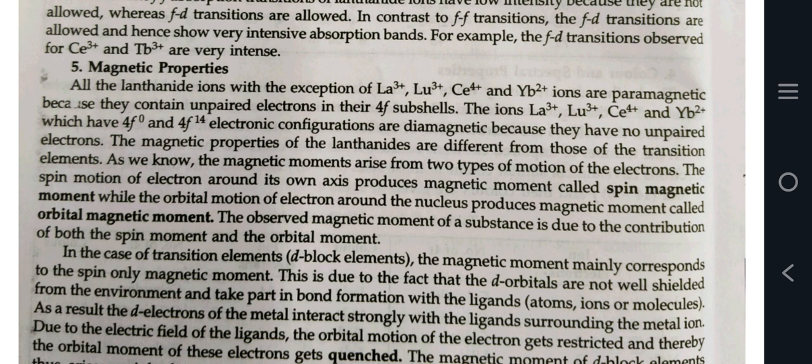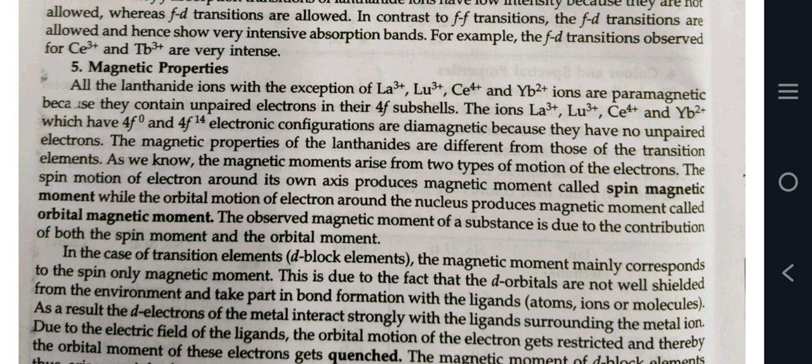The observed magnetic moment of a substance is due to the contribution of both the spin momentum and the orbital momentum. In the case of transition elements, d block elements, the magnetic moment mainly corresponds to the spin-only magnetic moment.